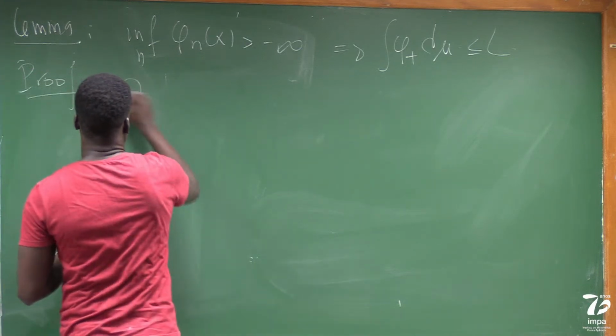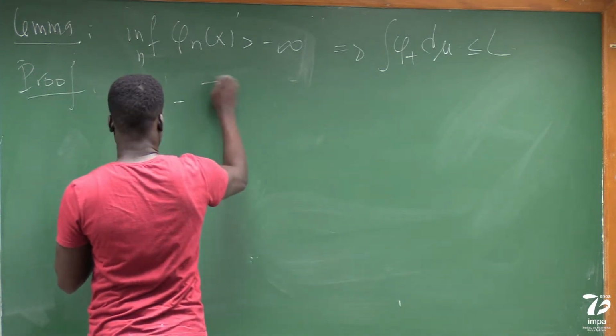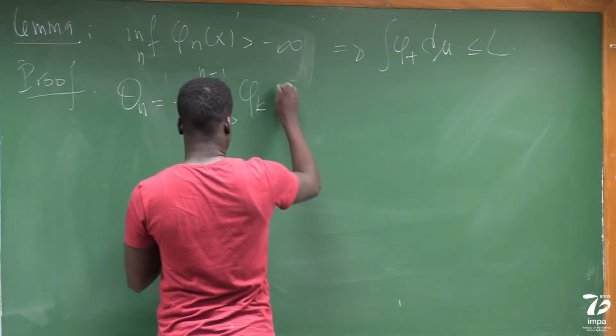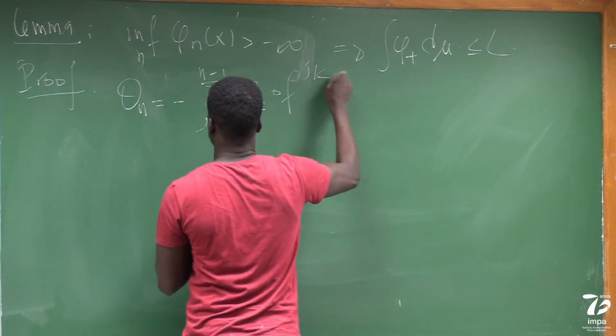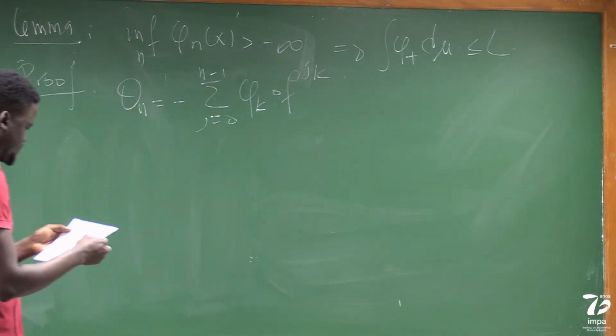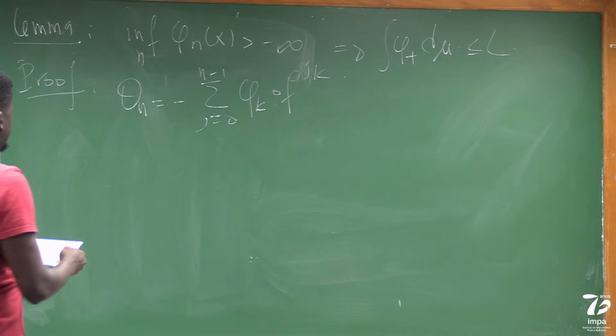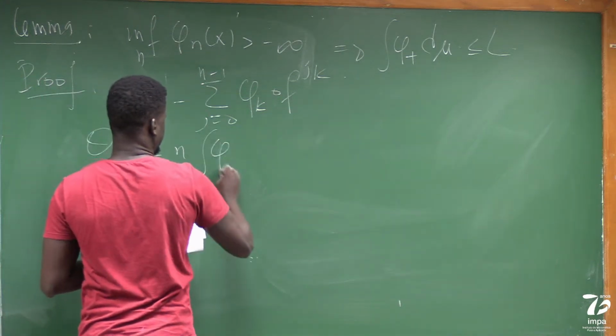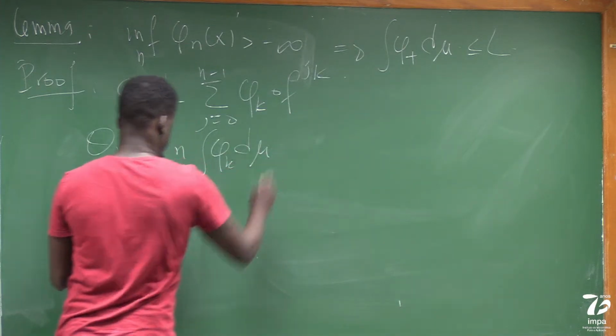Okay, so for the proof, you define theta n to be this function minus the sum over j equals 0 to n minus 1 of phi k composed with f^j k. And you can see that the integral of theta n is minus n times the integral of phi k d mu.